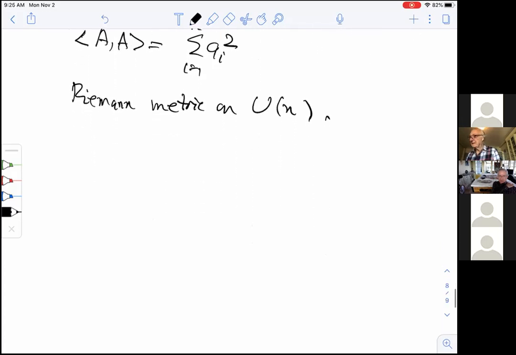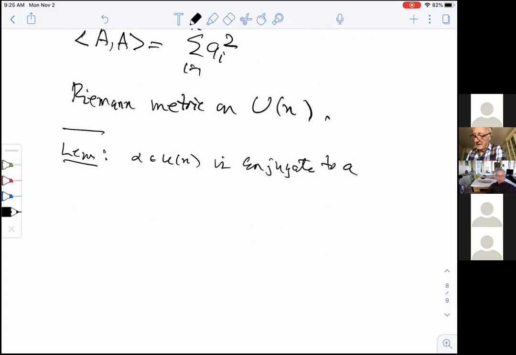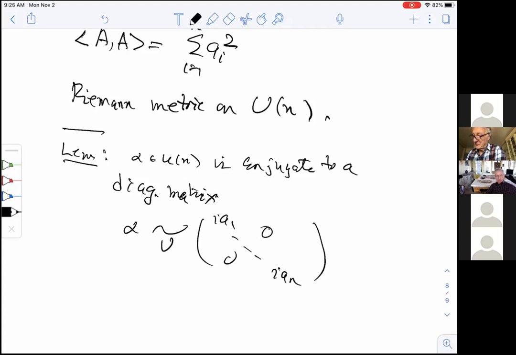Okay. Let's try to calculate. So the first little lemma is that any alpha in the Lie algebra of U(N) is conjugate under the unitary group to a diagonal matrix, of the type I was just talking about, with a_i real.